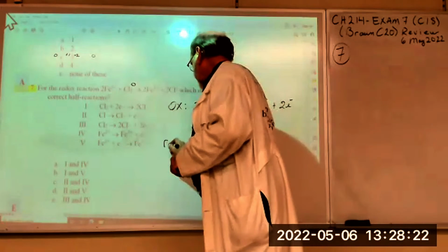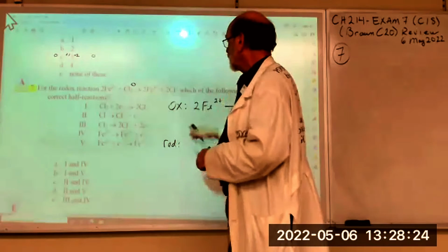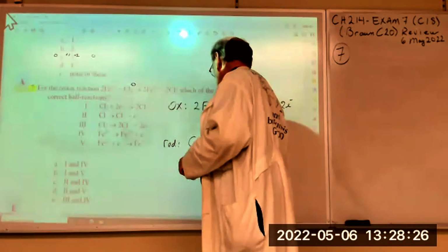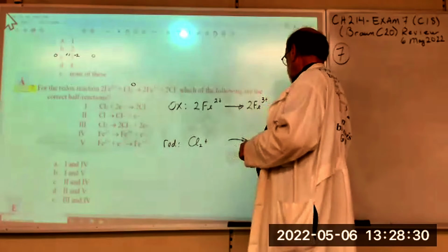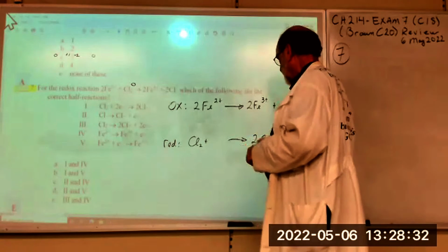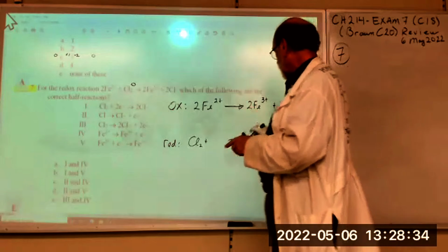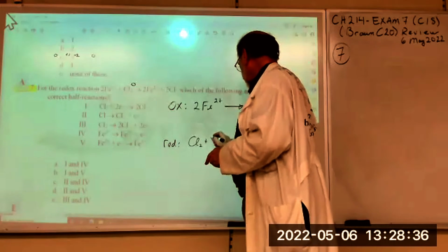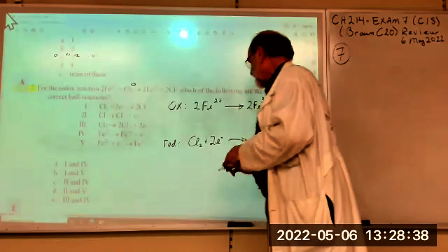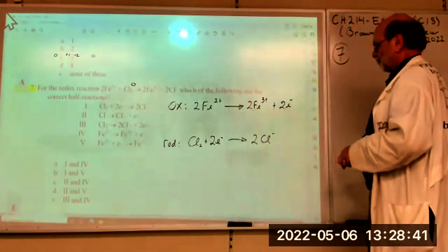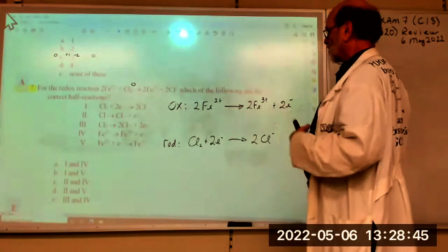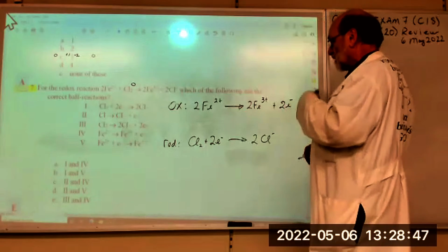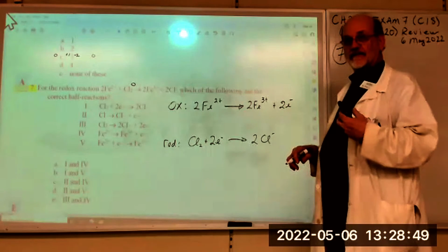And the reduction step would be the chlorine to the chloride. And that was 1 electron each, but there are 2 of them, so it's 2 electrons. Okay. So when they say the correct half reactions, I'm assuming they want it in the simplest form.